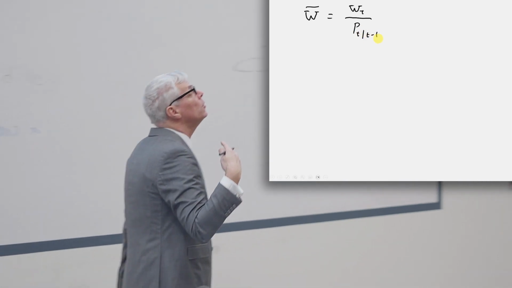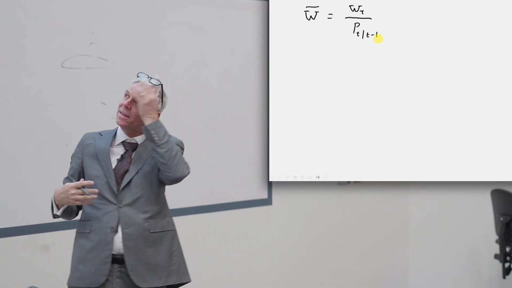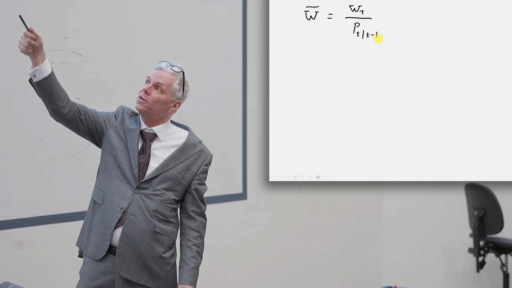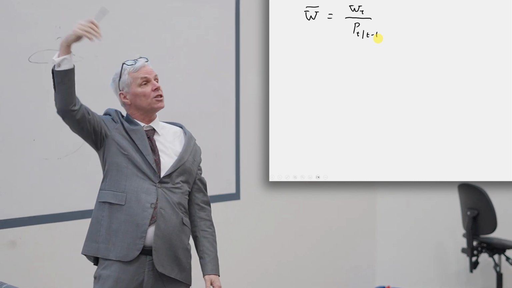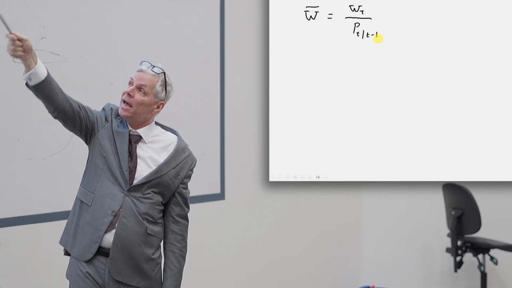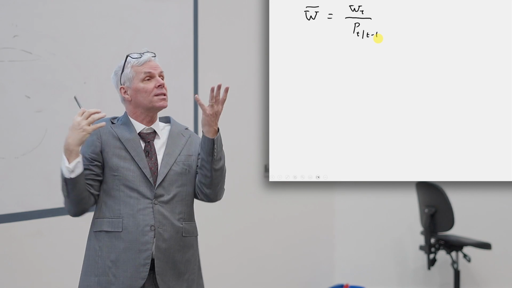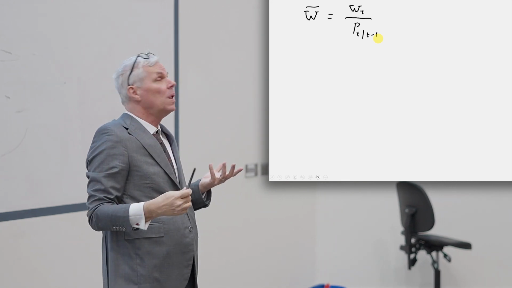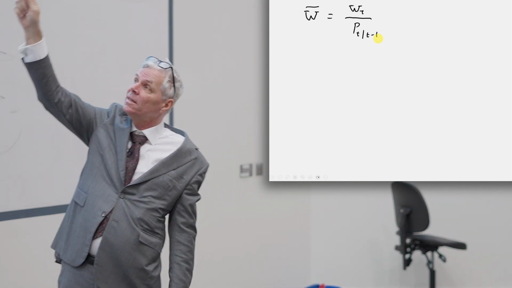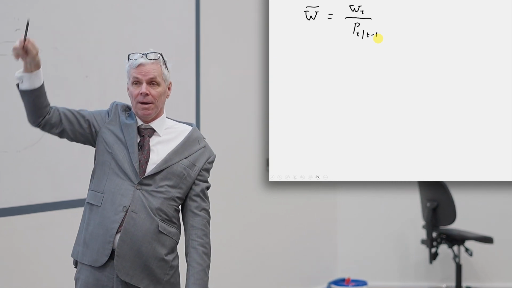So now we have new jargon. I've written two things that you don't know. W you've seen before, that's the wage. And capital W is some kind of constant that I haven't explained to you. And we've got this thing, P_t, vertical bar, t minus 1.